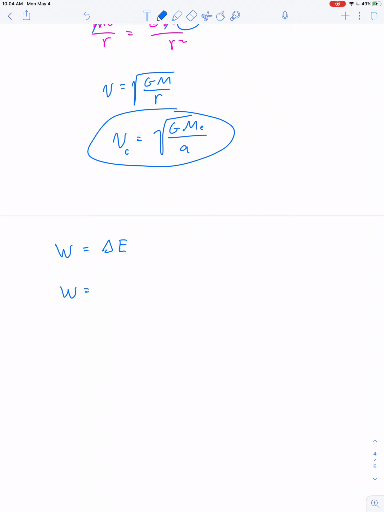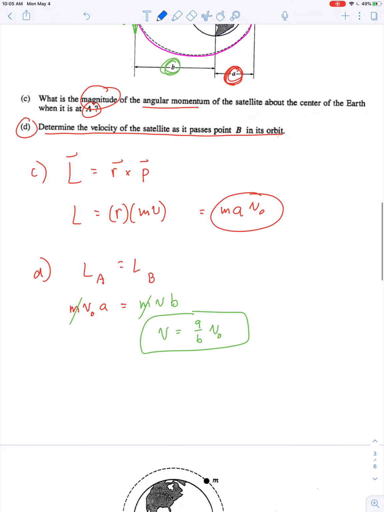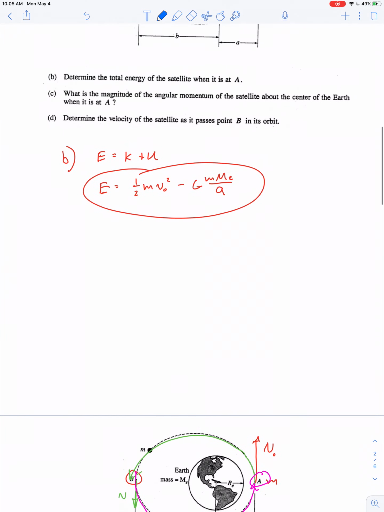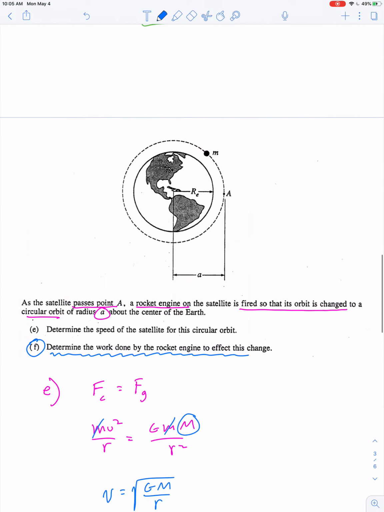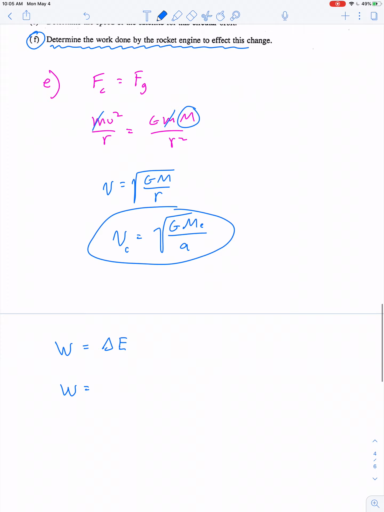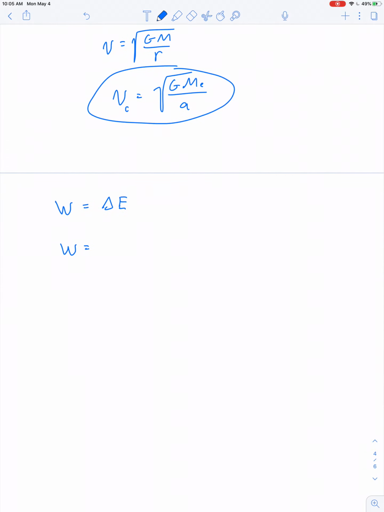So the work is equal to, we've got to take this expression, that's the total mechanical energy when it's at point A in an elliptical orbit, and then subtract from that the total mechanical energy when it transitions to a circular orbit.